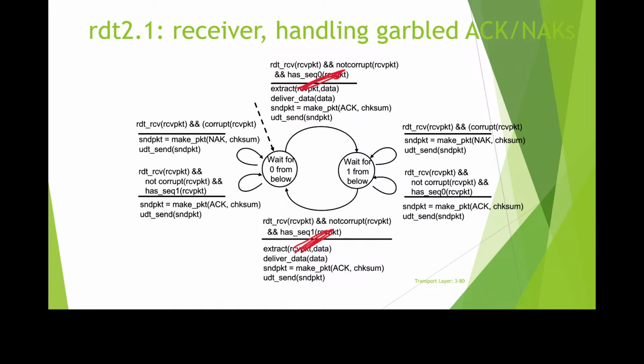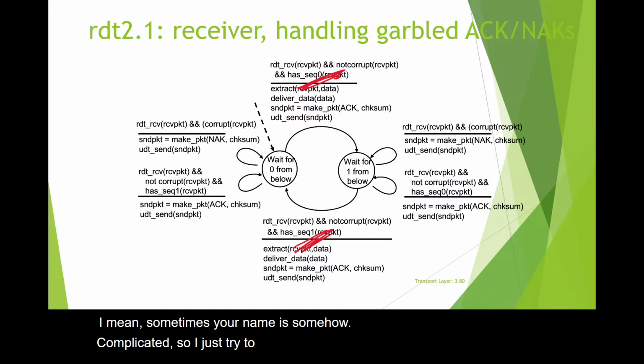Your name? Guillaume. The simplest one. I mean, sometimes your name is somewhat complicated, so I just try to have the simplified name. Yeah, it's pretty difficult to pronounce here. Yeah, sure. Guillaume. Okay. Right.